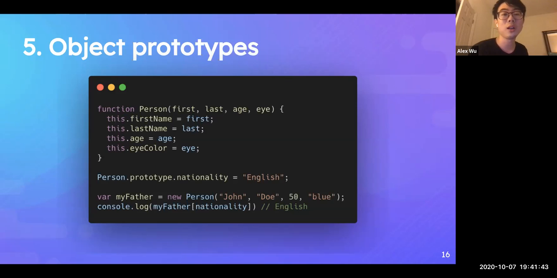I think this is where object prototypes really come into play. I will introduce this a little bit later, but for now, if you want to add a property or a method to a person, adding it in the constructor will probably be a better way.